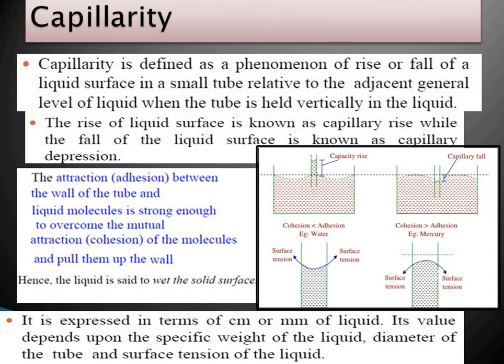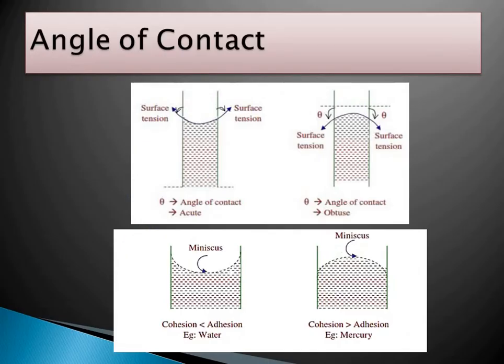So in capillary action, it is expressed in terms of centimeters or mm of the liquid with which it is rising. Its value depends upon the specific weight of the liquid, the diameter of the tube and the surface tension of the liquid. Now, angle of contact. Here some actions are shown where the angle of contact is acute.